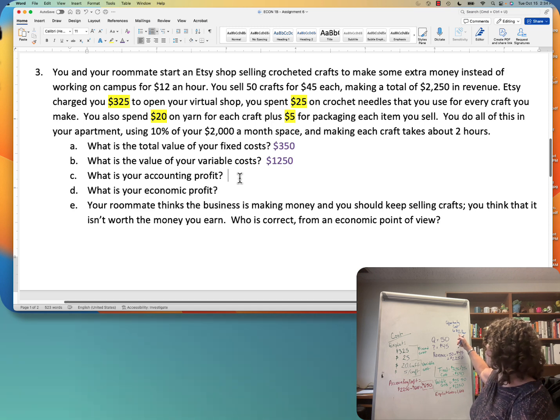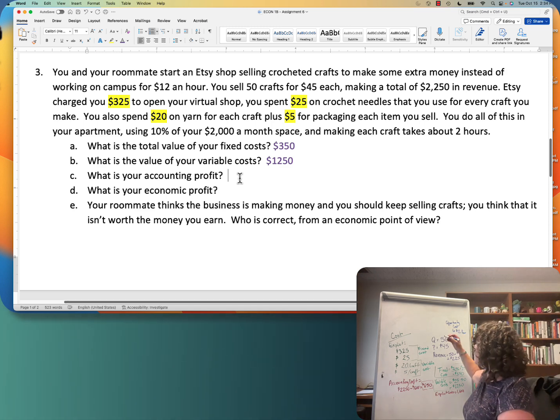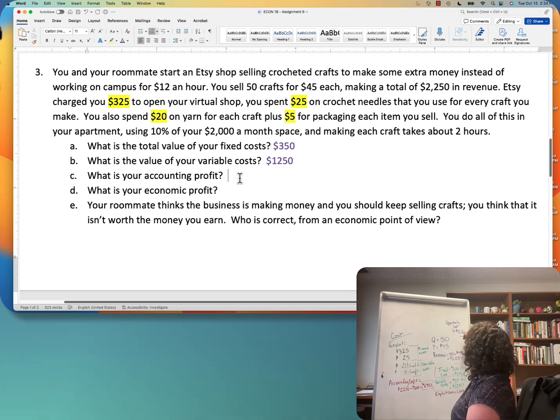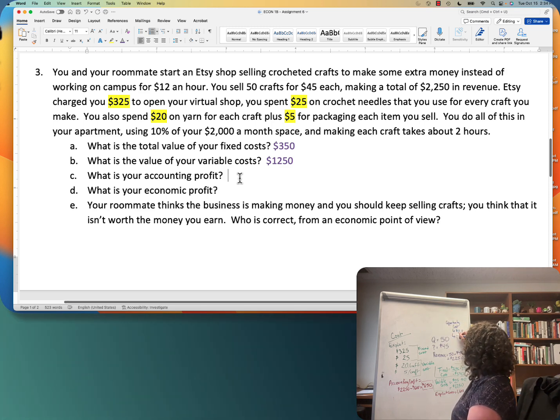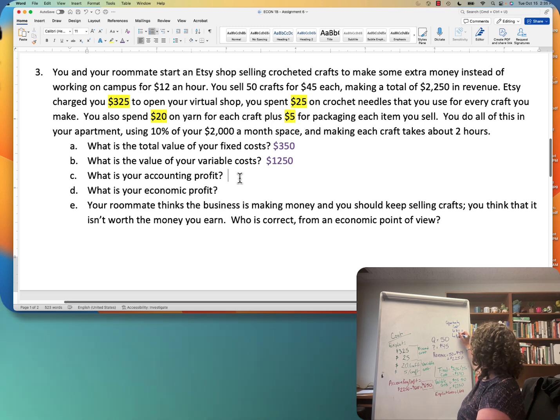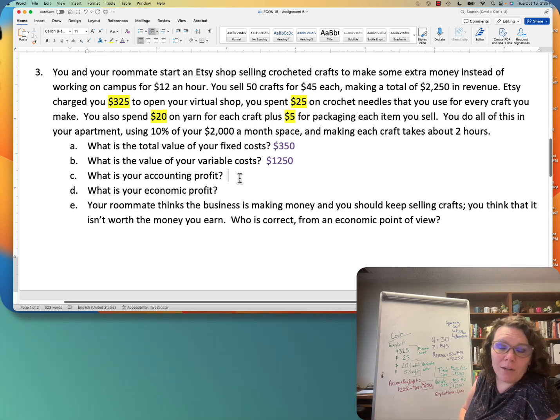My labor was worth $12 an hour, and I had an apartment worth $2,000 times 10% to use one small part of the house.